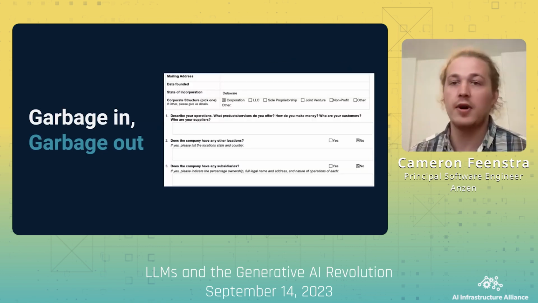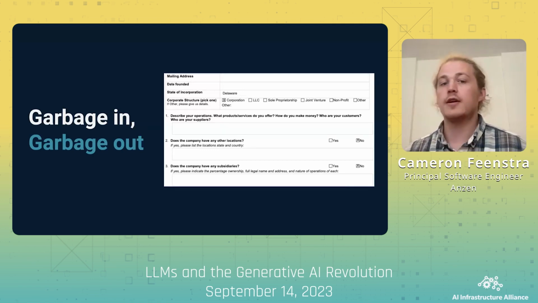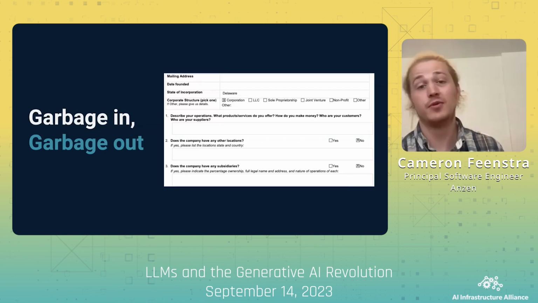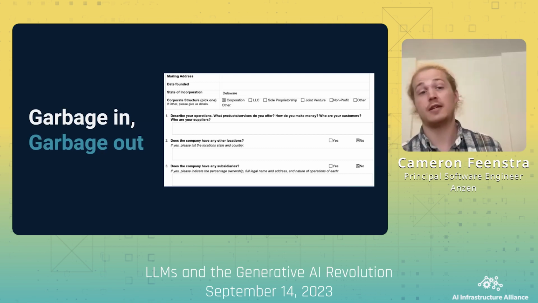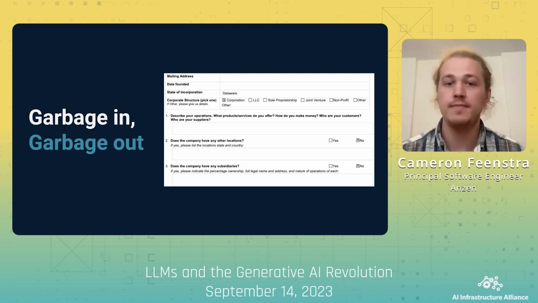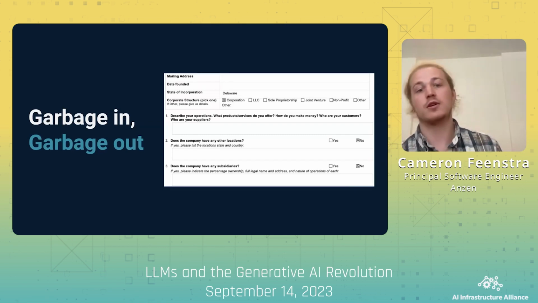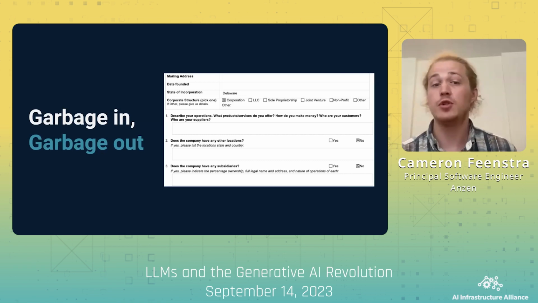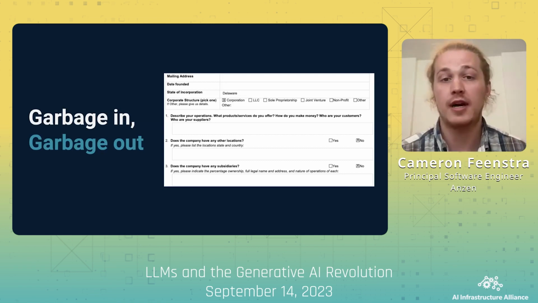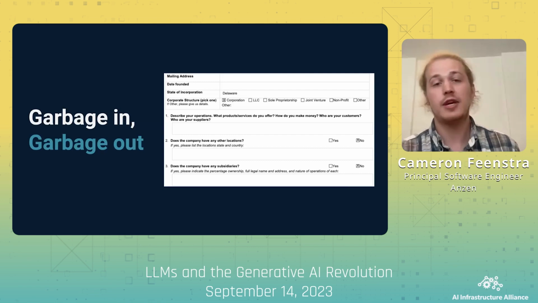One example of something that we did at Anzen, just one example of doing a lot of work just to make sure that the information we provide to the LLM is really clean. So we process a lot of insurance applications, which look something like this. And if you just run OCR on this document, the results you get are actually not very good.